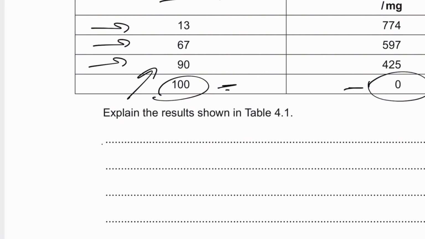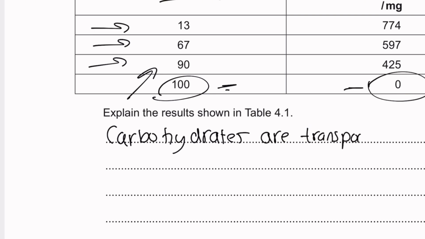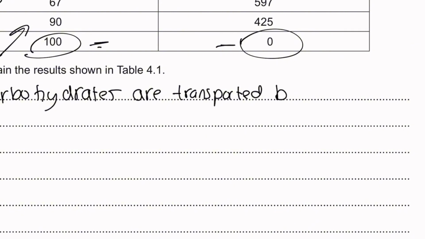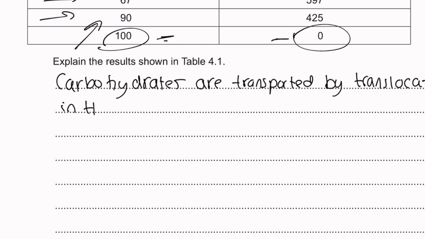Okay, so carbohydrates are transported by translocation in the phloem. You can mention some points like by mass flow.